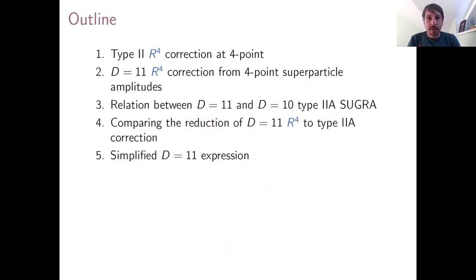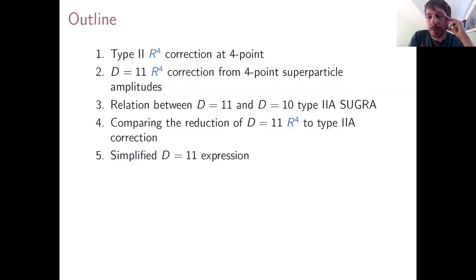Right, so the outline is something like this. First, I will discuss the type 2 R to the 4 correction at the 4-point level. And then we'll discuss the 11-dimensional correction, which it turns out you can find the structure of by looking at superparticle amplitudes in 11 dimensions.